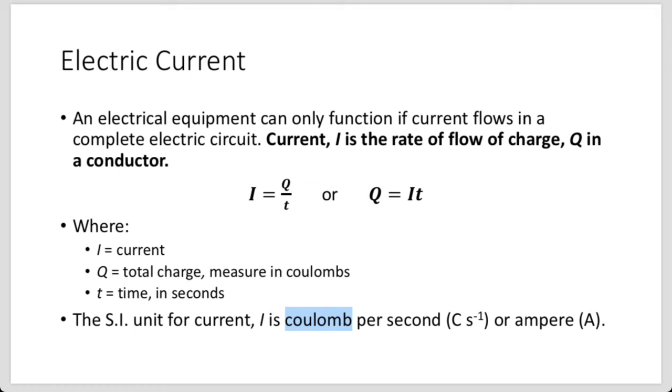So, the formula given is I equals Q over T, or we can also restate it as Q equals IT.